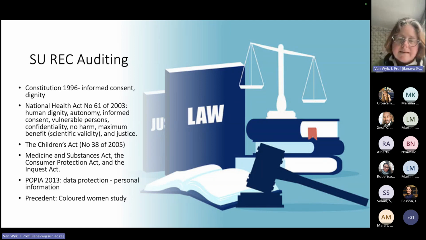What it meant was that suddenly we not only became answerable to their guidelines and directives, but that we were also declared independent from the dictates of the university. So in effect, what happened with our registration is that all RECs at Stellenbosch became independent bodies.